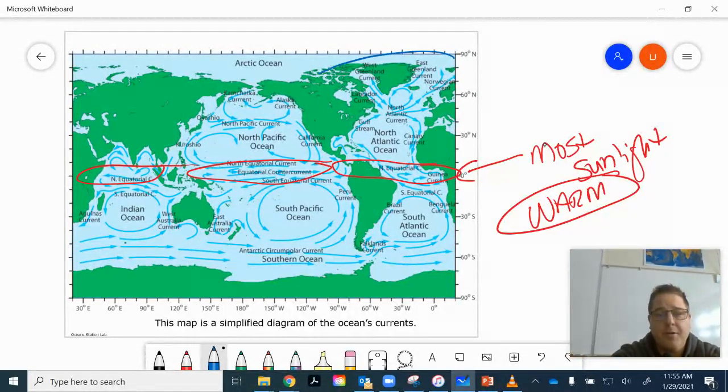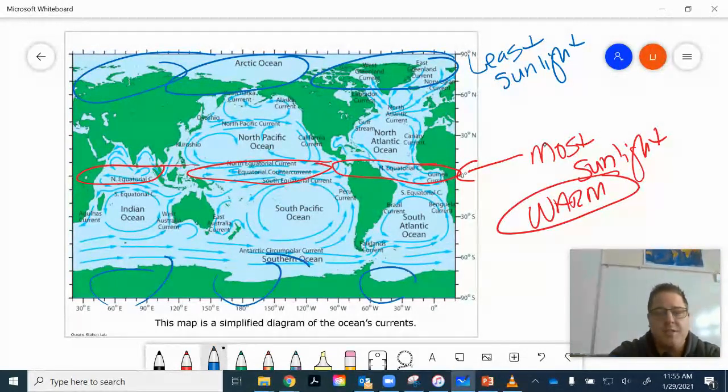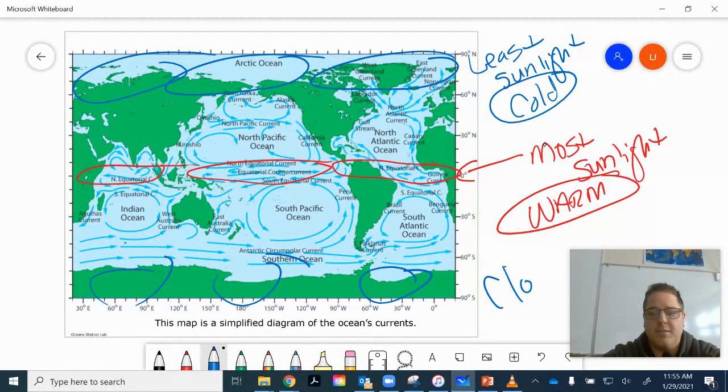At the top, though, here, this is where we have the least sunlight, being that it's down in our polar regions in the south and the north. And so down here and up here, it's going to be cold. And down here, it's cold.